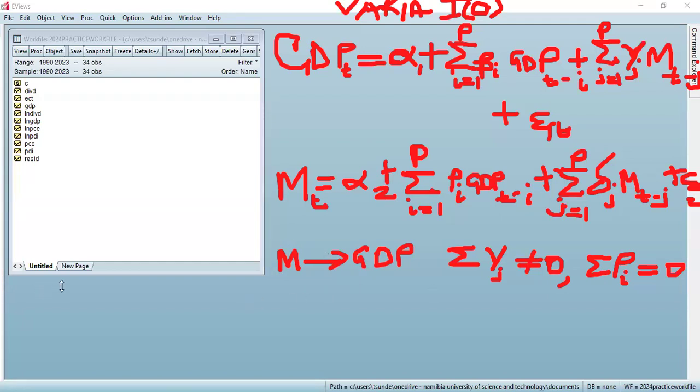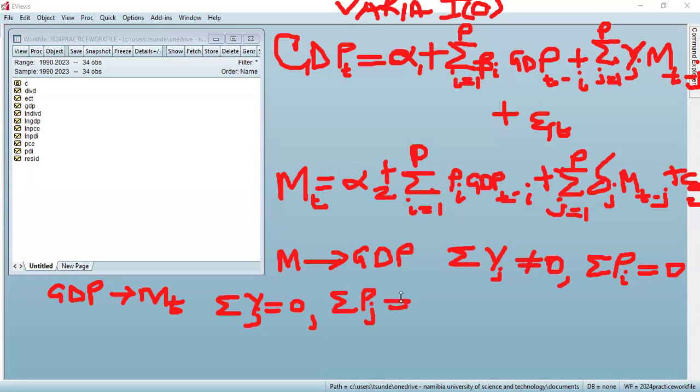And for unidirectional causality running from GDP to money supply, we said that the conditions that must be satisfied are, in the first equation, the summation of the gamma j's are equal to 0, while the coefficients of GDP in the second equation, which are the rho j's, are not equal to 0.